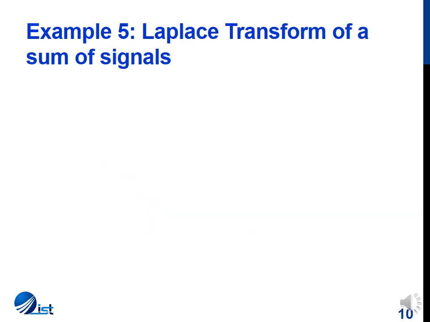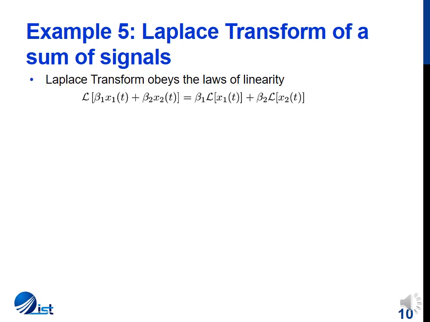Now let us extend the concept of the Laplace transform to a sum of signals. We will see that the Laplace transform obeys the laws of linearity, which means that the Laplace transform of a sum of signals is the same as the sum of the Laplace transforms of these individual signals.